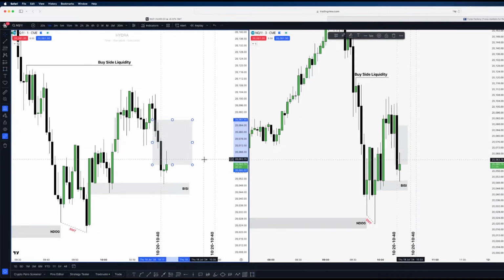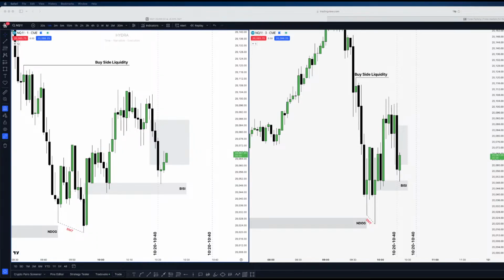So we have a couple of fair value gaps here now. Probably gonna engage again, guys.